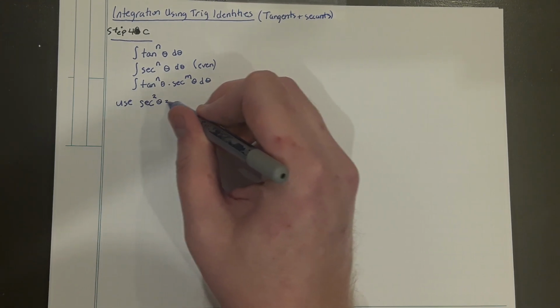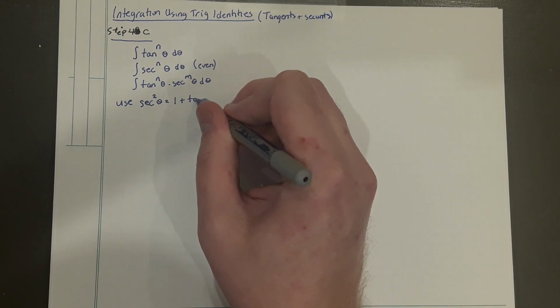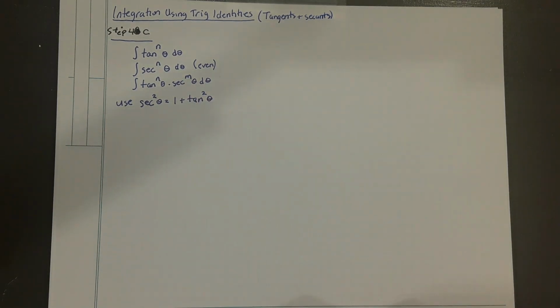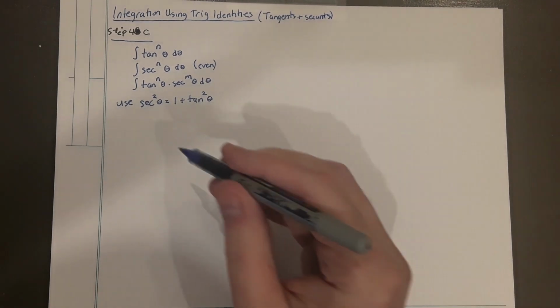that secant squared is the same as 1 plus tan squared. This only replaces for even powers of either tangent or secant. The problem then becomes how you can convert the question into a form that you can identify, a form that you can use substitution on with a function differential relationship.